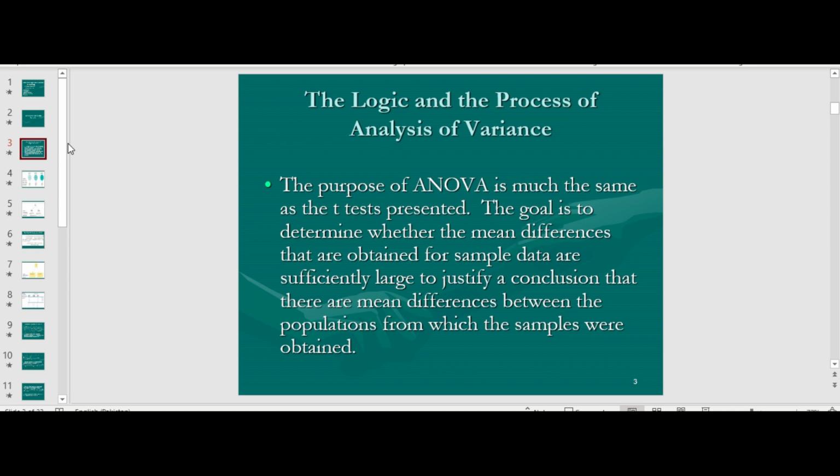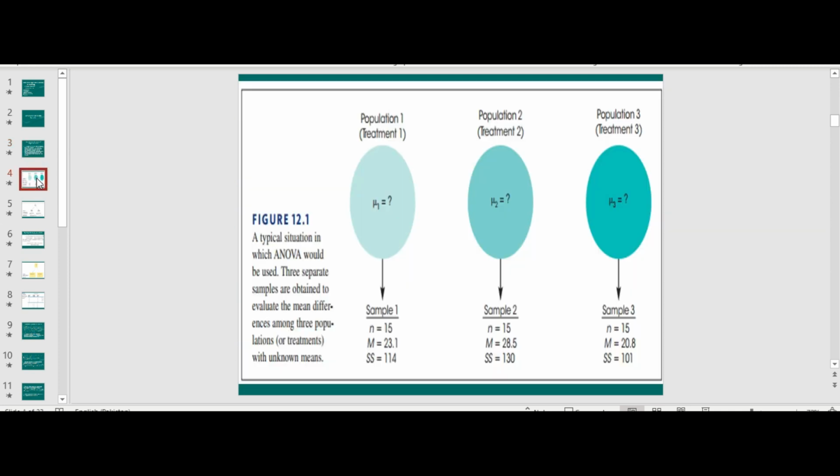As with all inferential procedures, ANOVA uses sample data as the basis for drawing general conclusions about the population. This can be clear from this picture. In this figure, there are three populations, and we have drawn three different samples from these three populations.